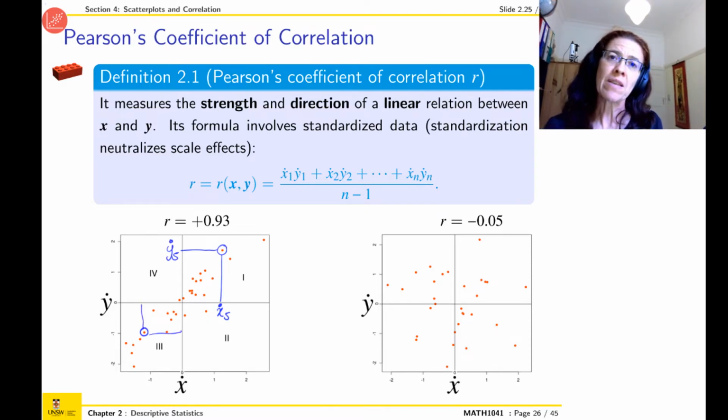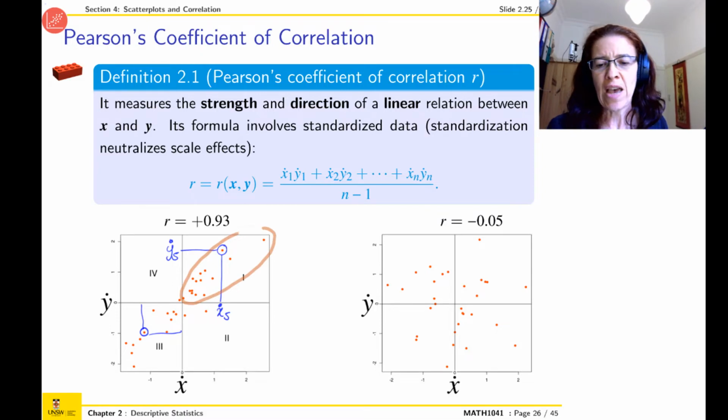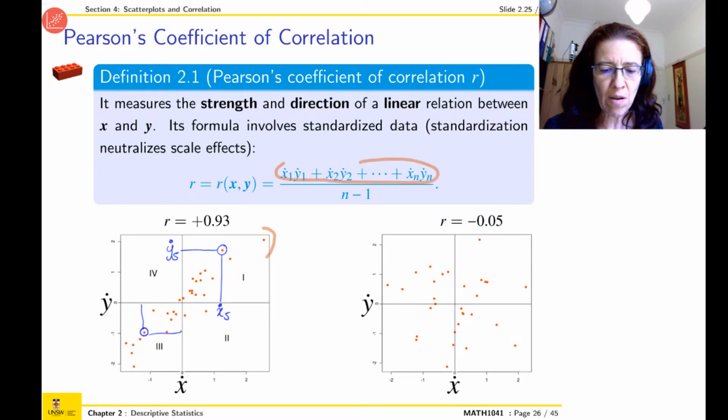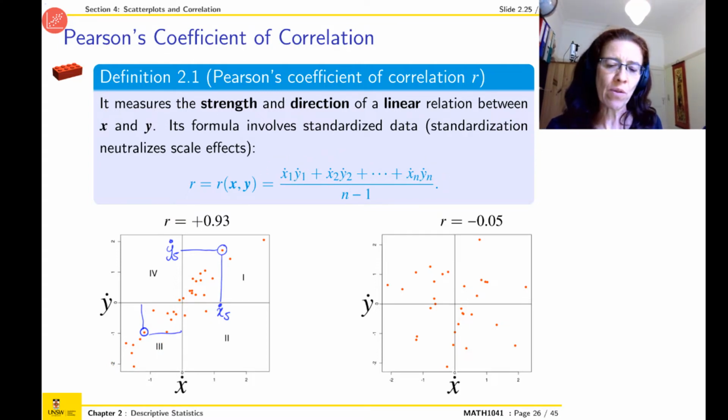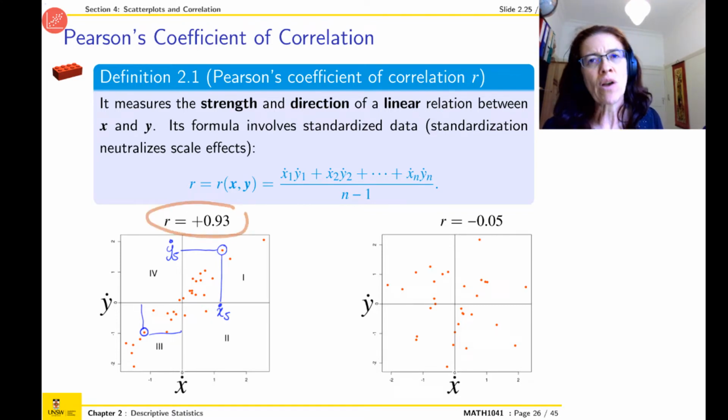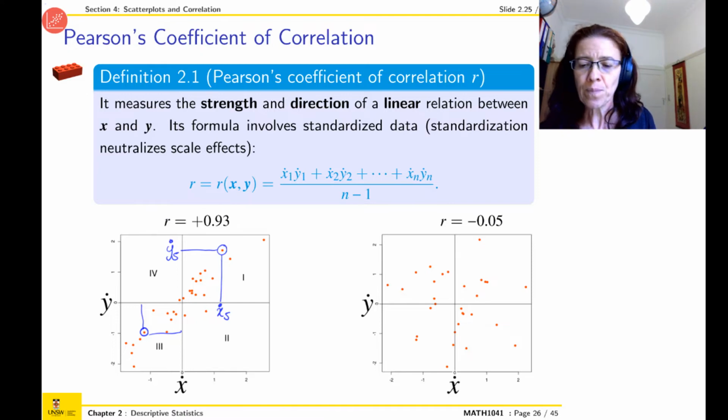So when I multiply them, a negative times a negative is a positive. So what you can see is all these dots here will have a positive contribution to the sum, and all of those will also correspond to positive terms in the sum. So when you add all of those, you're going to get something almost as positive as possible. Very soon we'll see that r cannot go above 1, and this is why you get this big positive number.